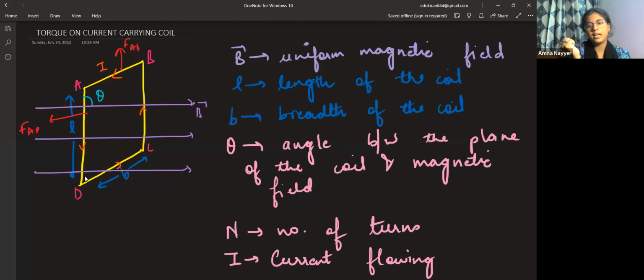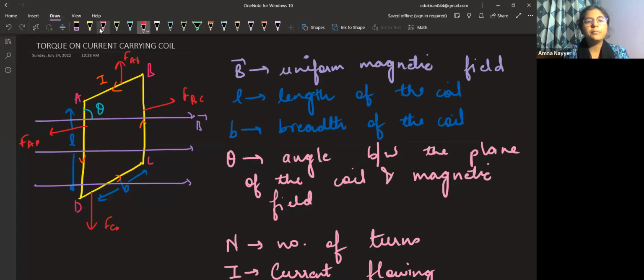Curl it outwards. Outwards you can say, or downwards you can say, CD. Then this magnetic field is here. So this will be FBC.